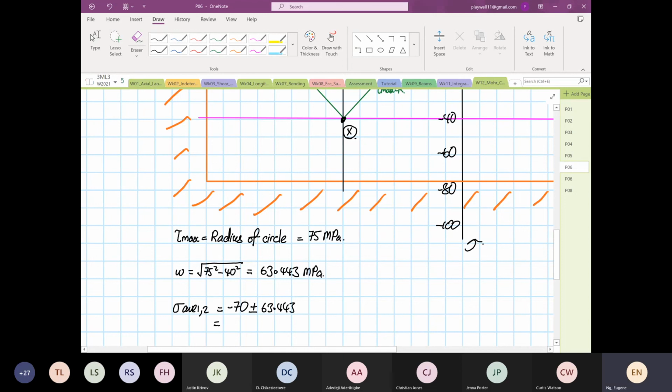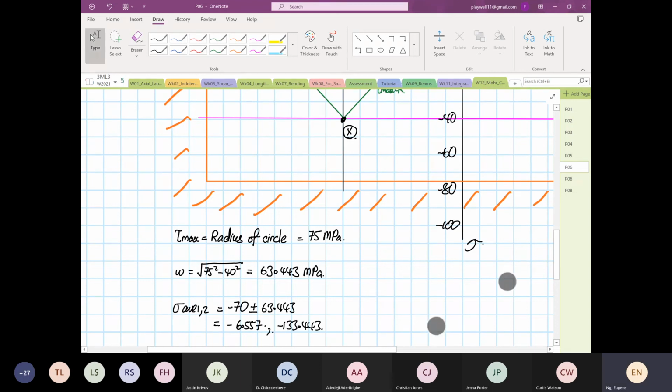One of the stress averages is minus 70 plus 63.443, which is equal to minus 6.557. And the other one is minus 70 minus 63.443, which is minus 133.443.